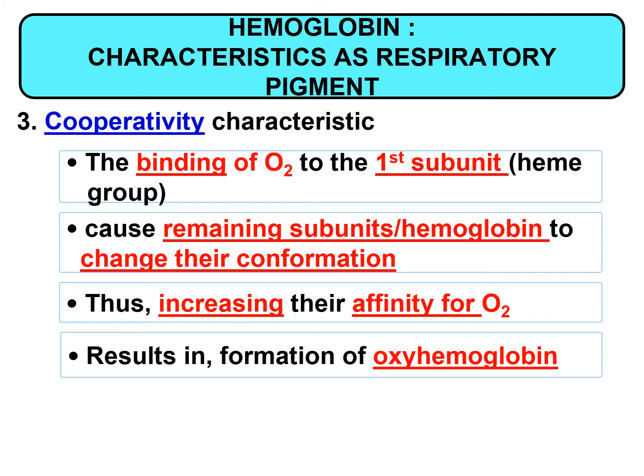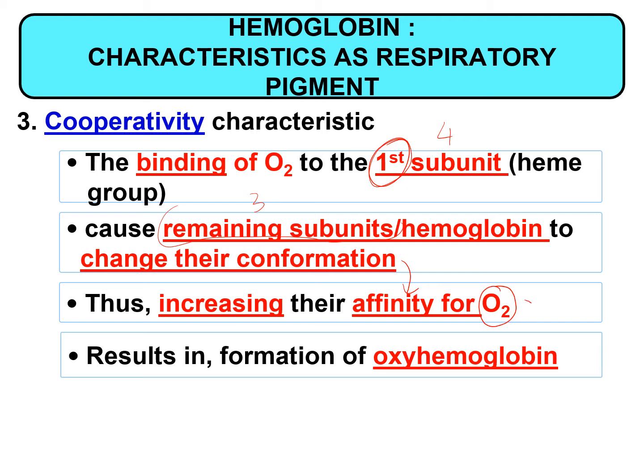It means that the binding of oxygen to the first subunit will induce the remaining subunits. We have 4, so the first subunit binds to oxygen. The 3 other subunits will change their conformation and increase affinity for them to bind another 3 oxygen.